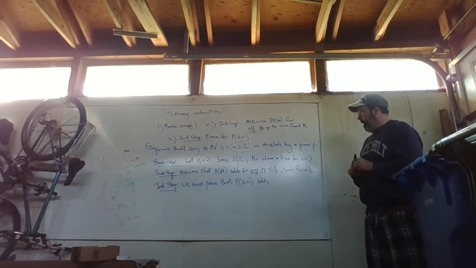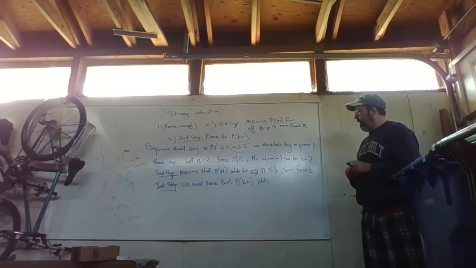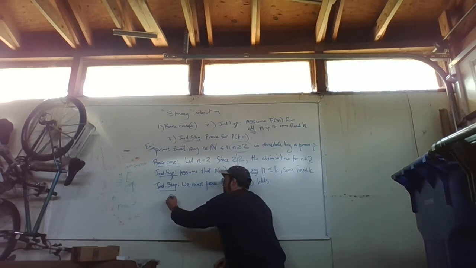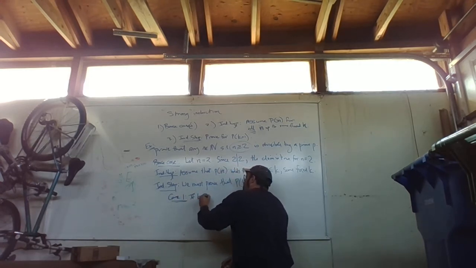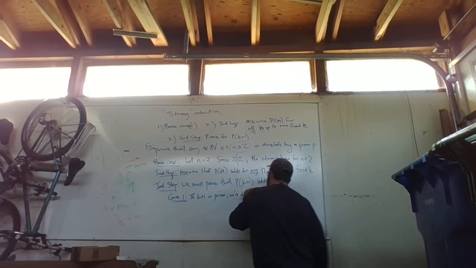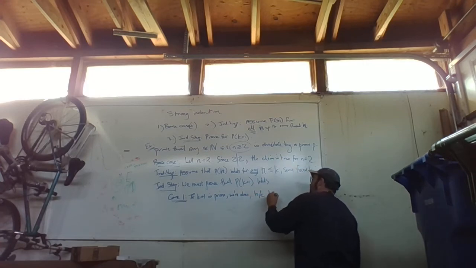So the key here is the fact that there are two possibilities. One possibility, or what we'll call case 1: if k plus 1 is prime, we're done, because k plus 1 divides itself.